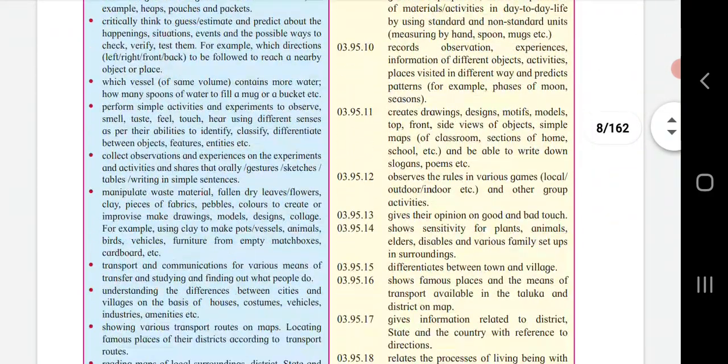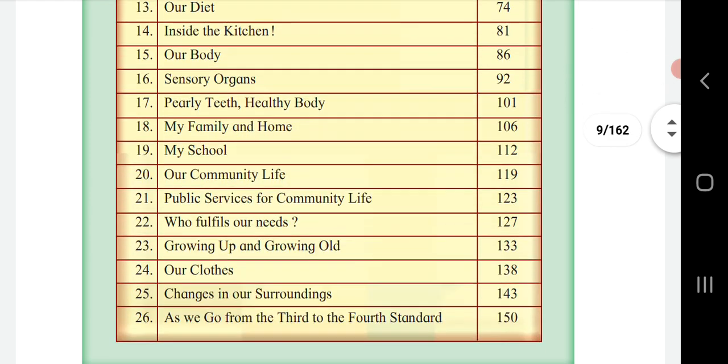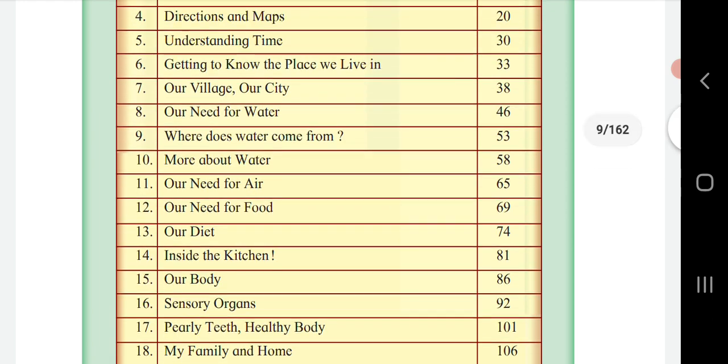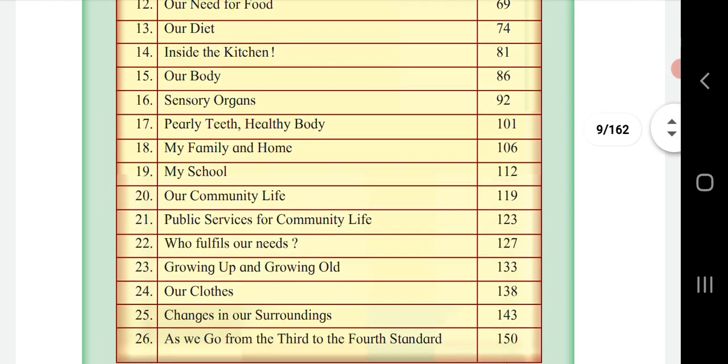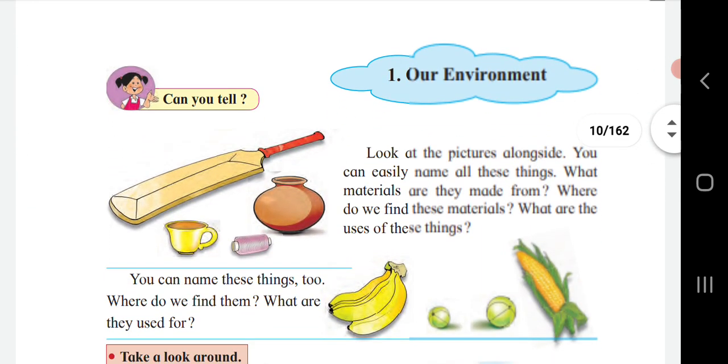Here the chapters which we are going to see are 1 to 26, and we are going to take 1 to 13 chapters for first semester and the remaining 13 chapters for second semester. So let's start with chapter 1, that is our environment.